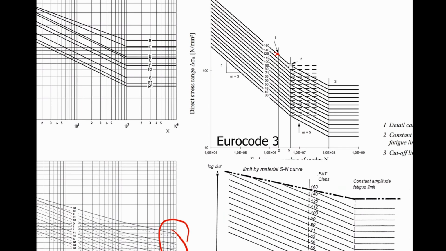And this curve here means that if I have no stress variations below this number, you might consider that infinite fatigue life. But if I have stress variations, a couple of them above and a couple of them below, then I need to continue this curve all the way to 100 million.